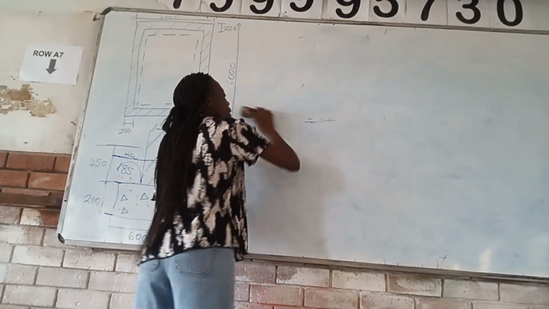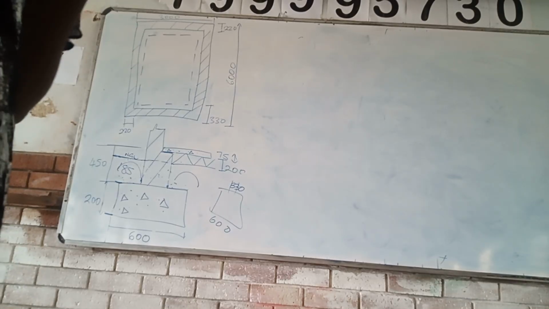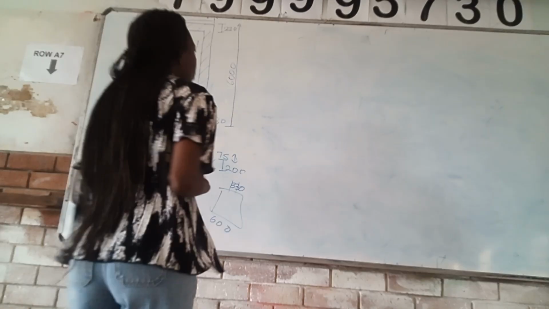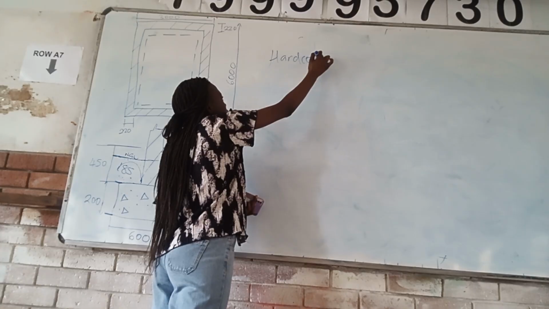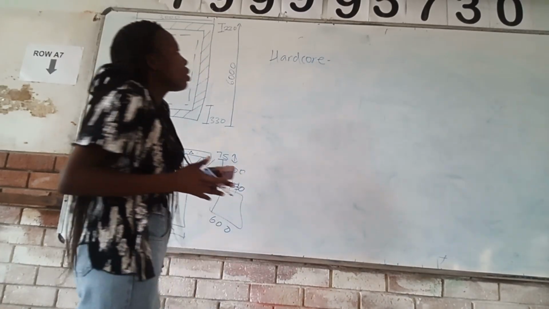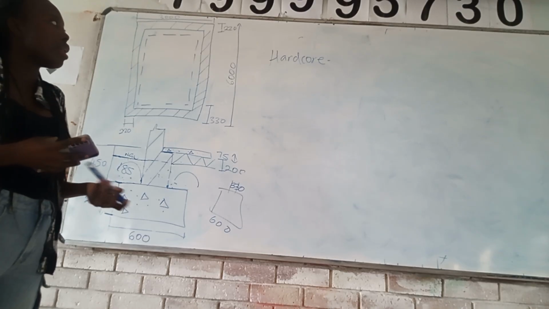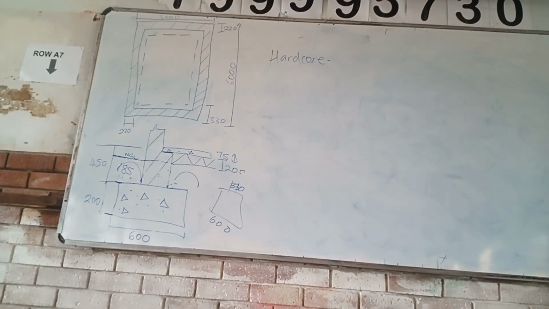Okay, you were saying what comes after cutaway? Hardcore. Okay, hardcore is measured in cubic meter. What is the length of our hardcore? 6,000 minus 220.